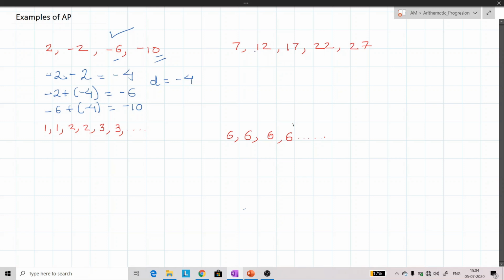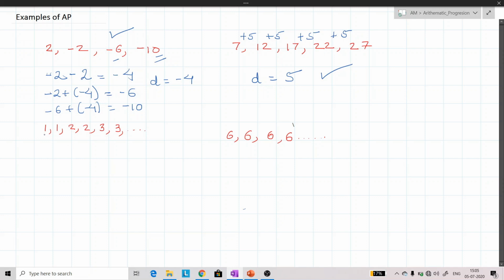Let's look at another example. In this bunch of numbers, if you see, just adding 5 to the previous term gives me the successive number. So the common difference for this list of numbers is plus 5. Hence, this is an AP.